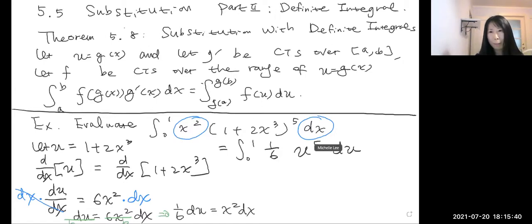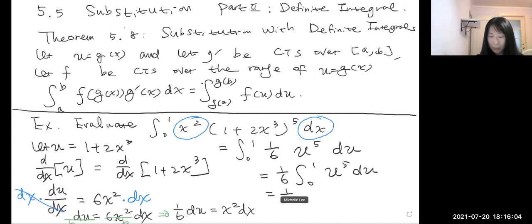Can you see that? But then we did a property last time. If we have a constant in front of the variable, we can take it out from the integration symbol, okay? Now we can use the power rule. The power is 5, so we add 1 and divide by the new power, right? Then we have to evaluate from 0 to 1.